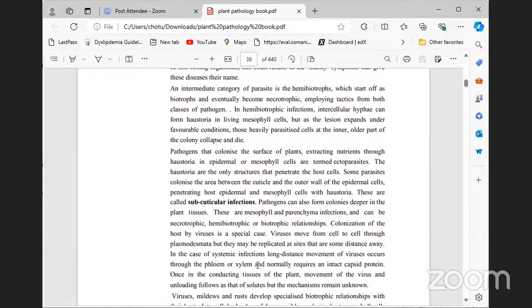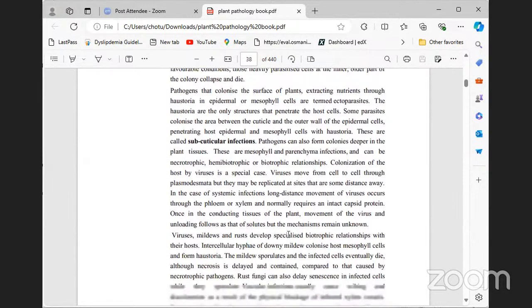In hemibiotrophic infection, intracellular hyphae can form haustoria in living mesophyll cells, but as the lesion expands under favorable conditions, those heavily parasitized cells at the inner, older part of the colony collapse and die.